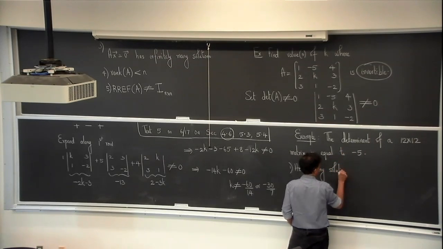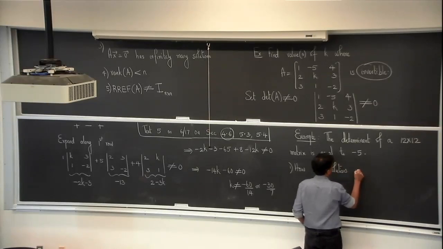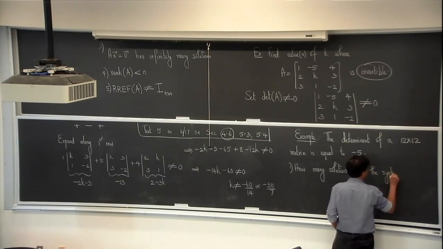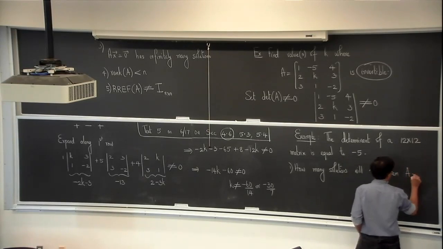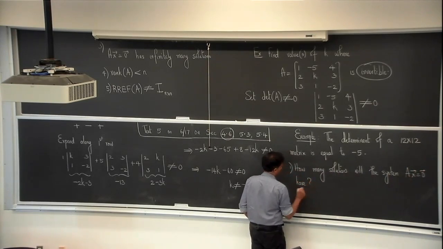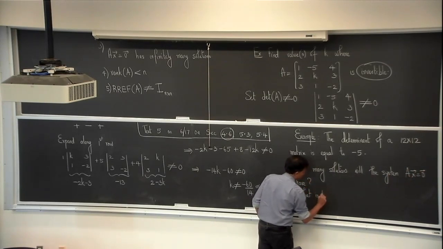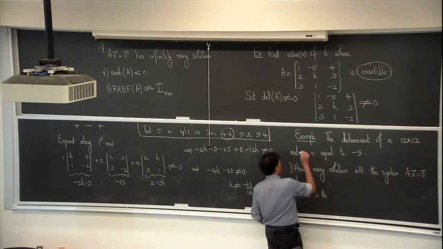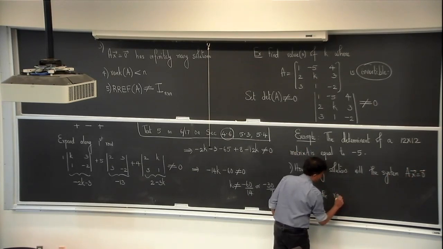How many solutions will the system AX equal to 0 have? What is the rank of this matrix? Let's call it A. What is the rank of A?